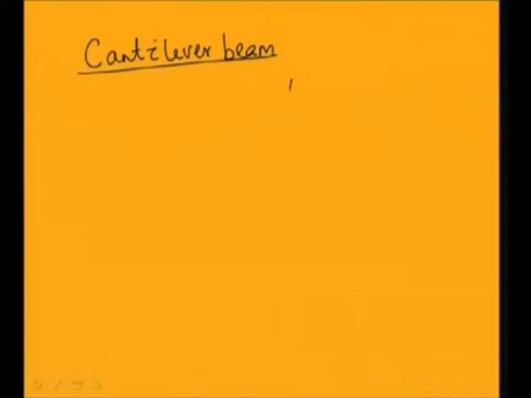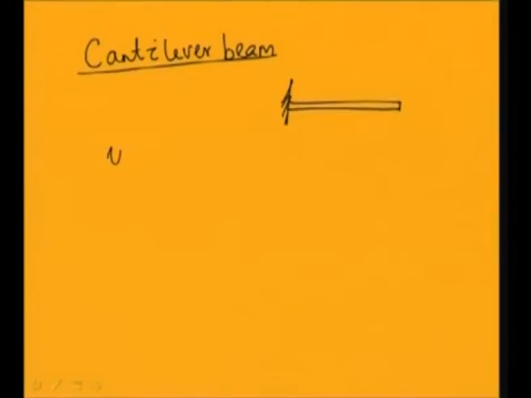In case of a cantilever beam, one end is fixed and the other end is free. In case of the fixed end, you have the geometric boundary conditions: the displacement equal to 0 and the slope equal to 0.